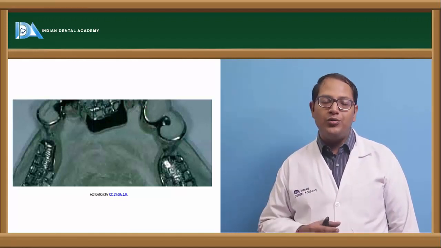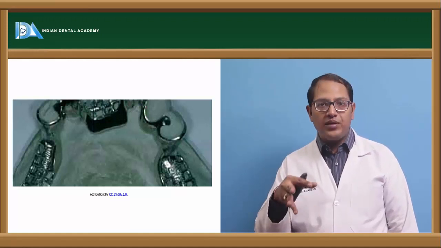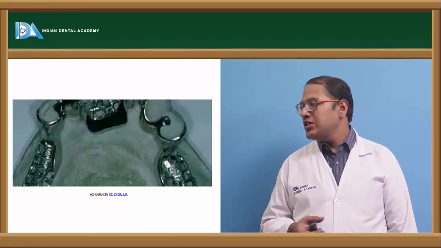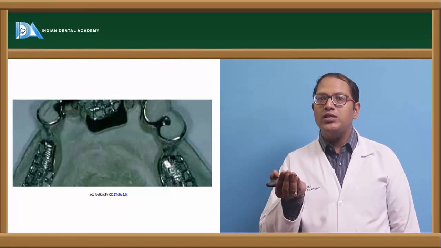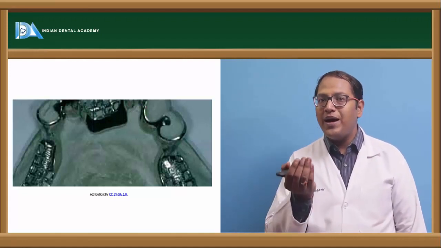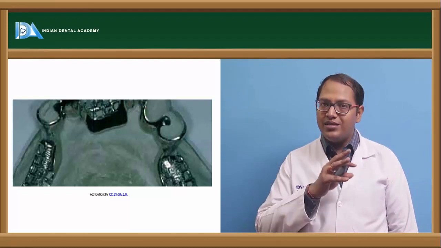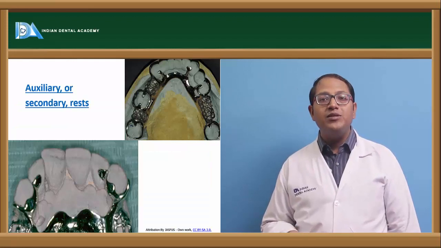That should be the dimension we keep, and it should deepen from the center toward the marginal ridge area, so that it seats properly and gives a saucer shape. So what is happening? There is no sharp angle to direct the force into one area; rather, it distributes the force in that particular area.